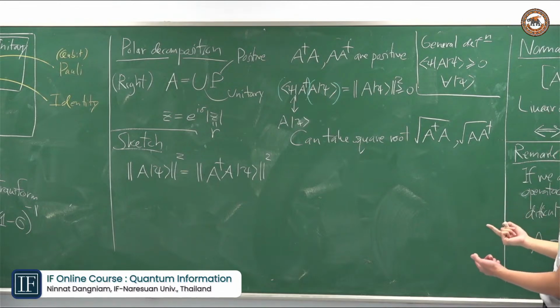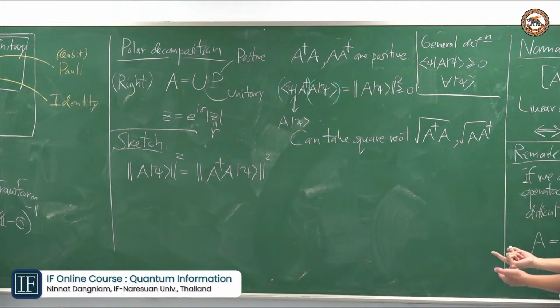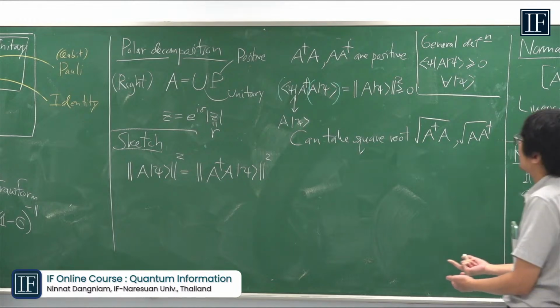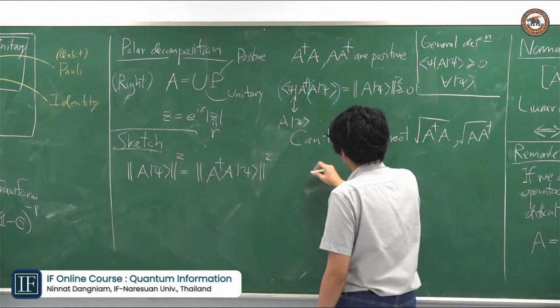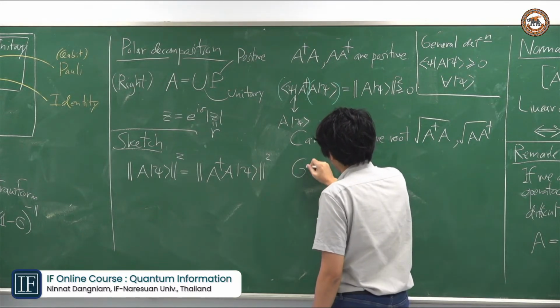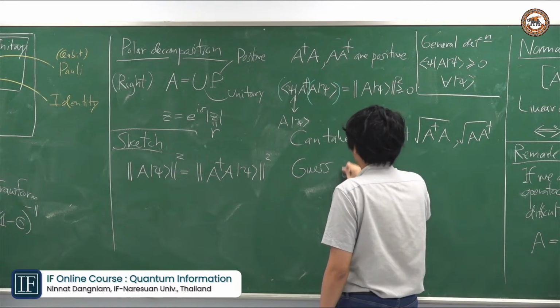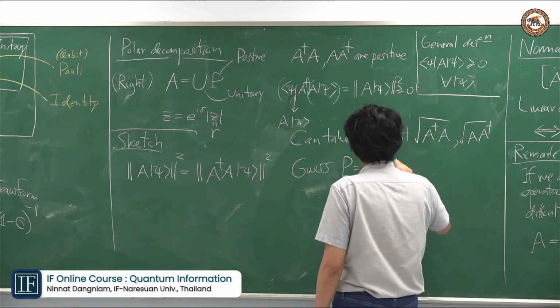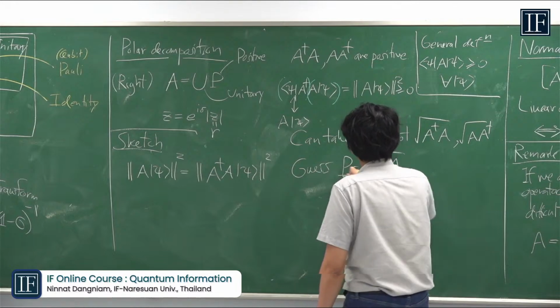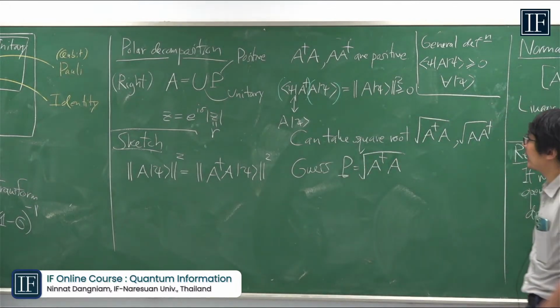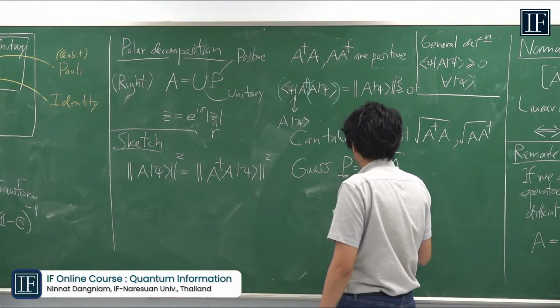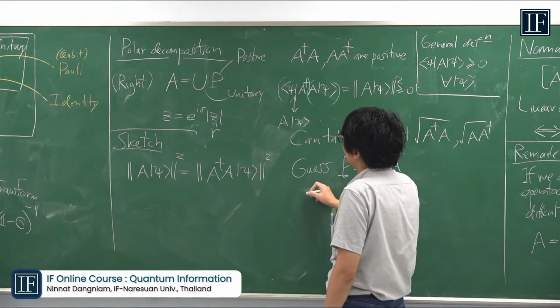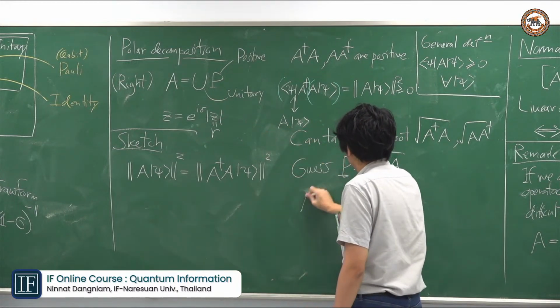Now, for example, let's make a guess. Say P is the square root of A dagger A. Then what if I multiply this?